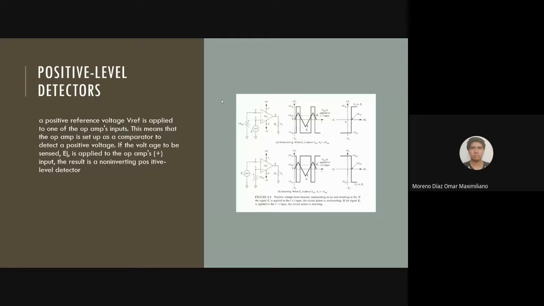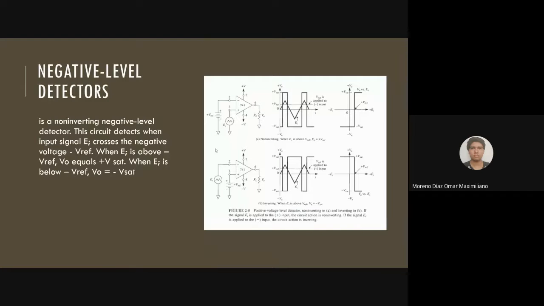Its operation is shown by the waveforms: when E is above Vref, Vo equals plus Vsat. When E is below Vref, Vo equals minus Vsat. The circuit is an inverting positive detector.